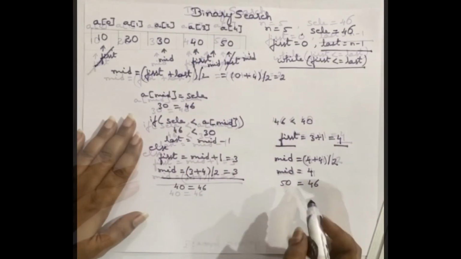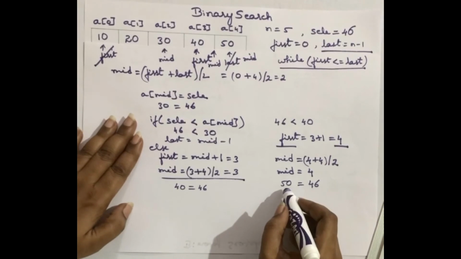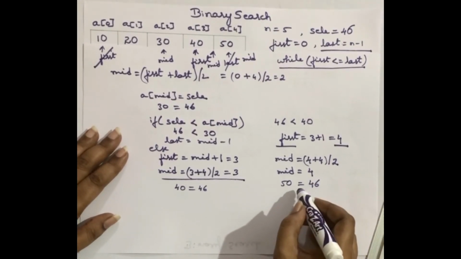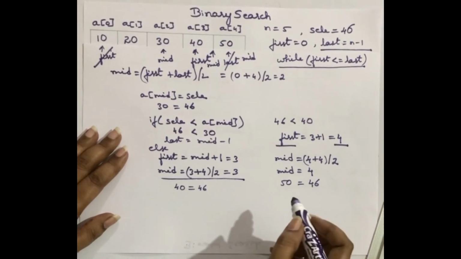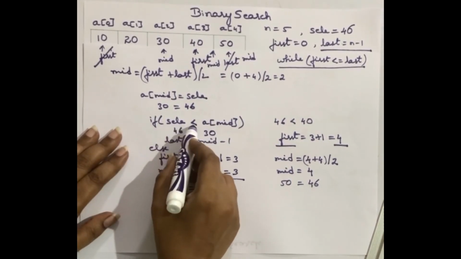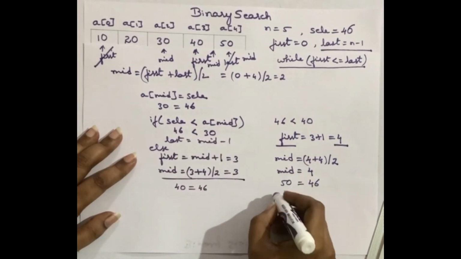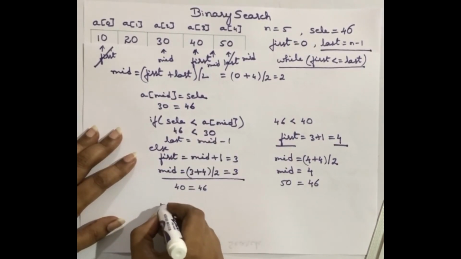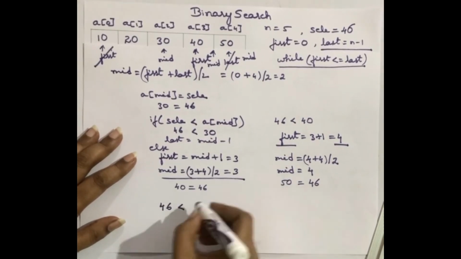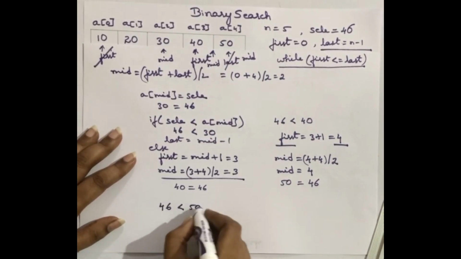Here I have got A of mid as 50 and the search element is 46, which is not equal. Now I will check the if statement. If search element is less than A of mid, search element 46 is less than A of mid, 50, this condition is true.